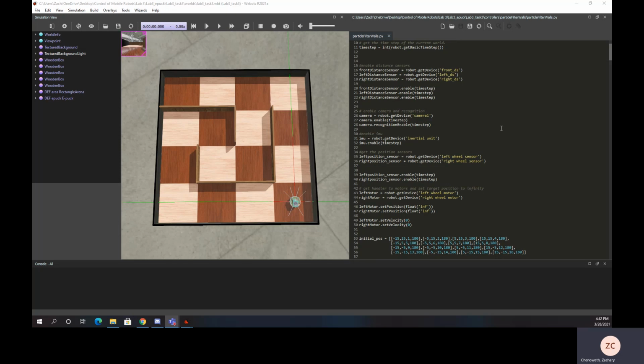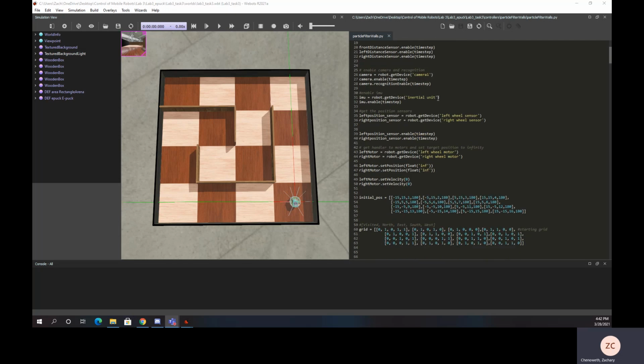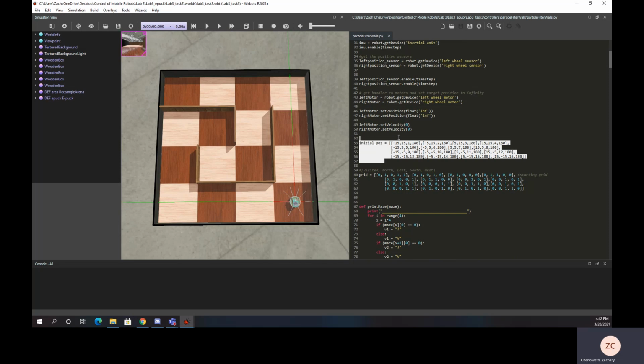So starting with the code, we have our general initializations of the IMU and all of our sensors. We have our initial pose array list. This is just for when we initialize the particles, so that way we initialize them to the cell that they're in and the orientation and such.